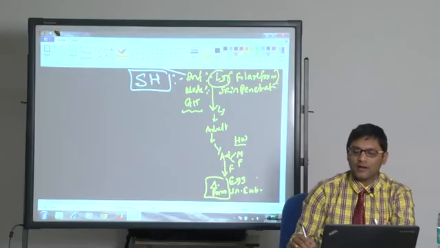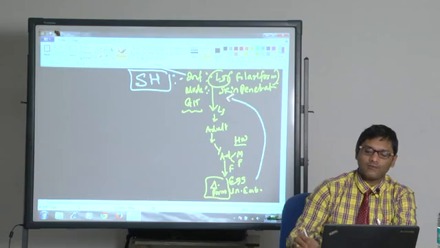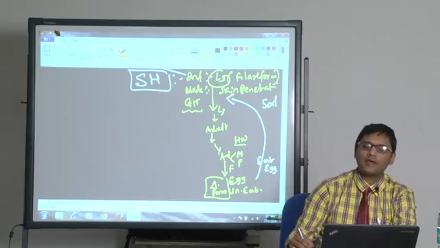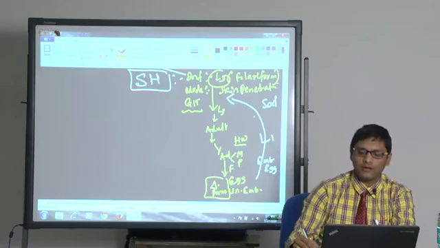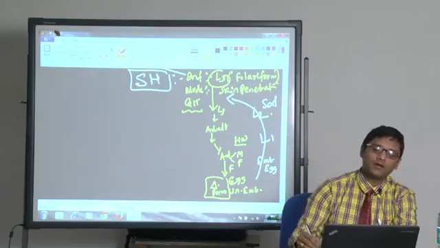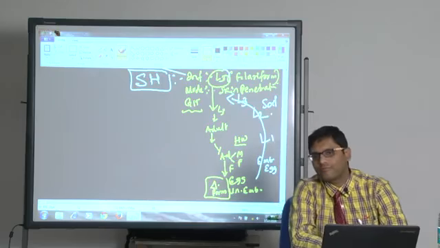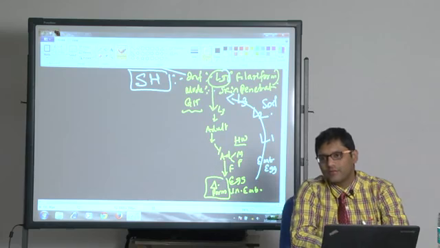And this unembryonated egg in the environment will become an embryonated egg. The embryonated egg will hatch out to form L1, that will become L2, and finally will become L3, and L3 is what? Infective form.